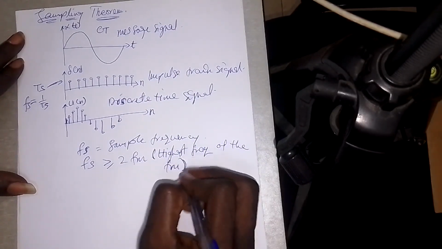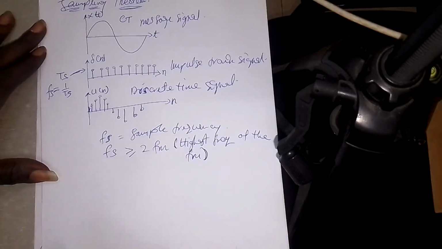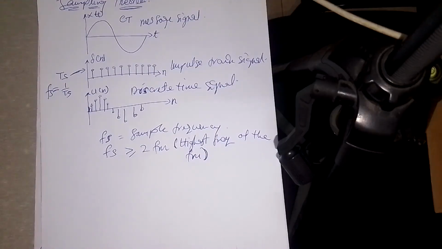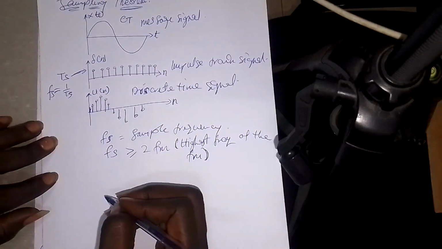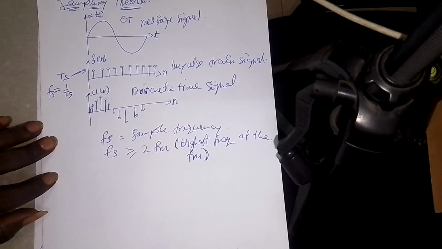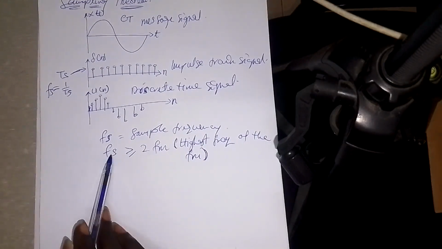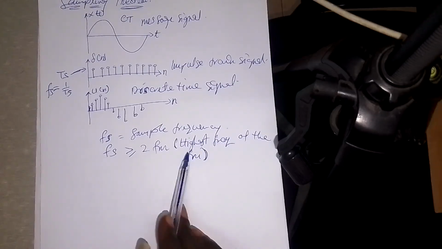Fm means message frequency, the frequency of the message signal. So the sampling frequency should be 2 times higher than the highest frequency of the message signal.